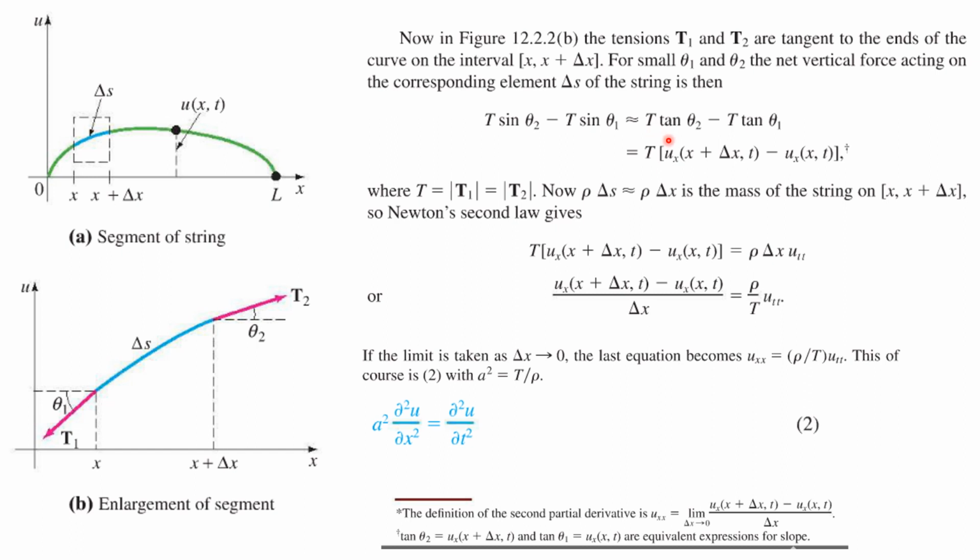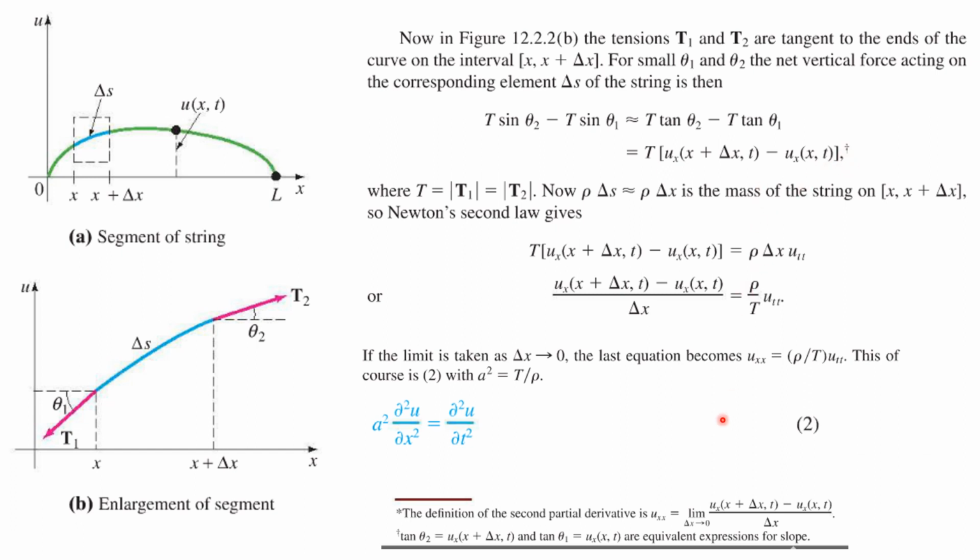And the tangent really is the rise over the run, which is the slope, and the slope is the partial derivative in the x direction. So at theta 2, it is the partial derivative with respect to x of u at x plus delta x, t, minus, at the original point, u sub x, the partial with respect to x, at x,t.